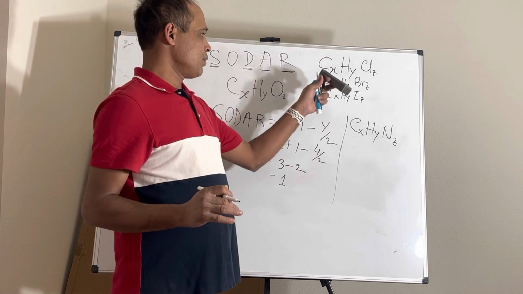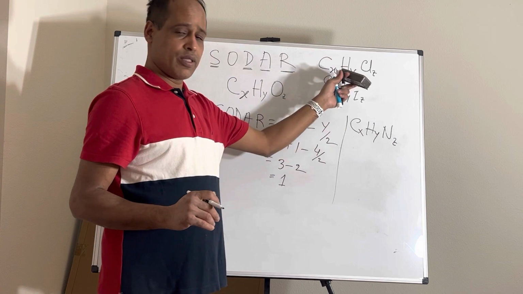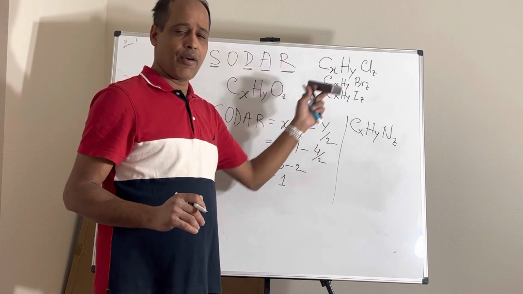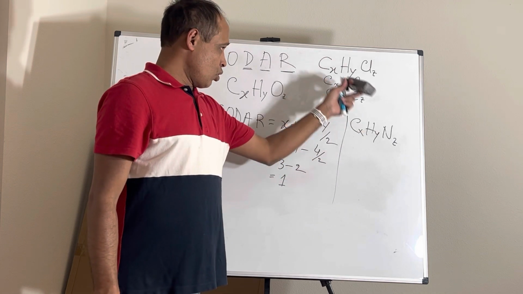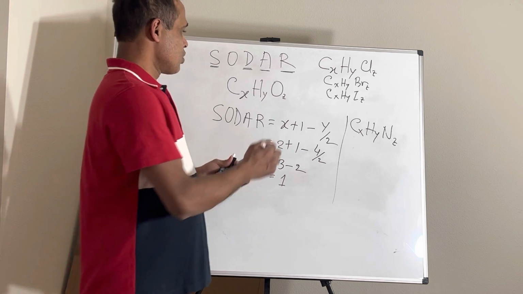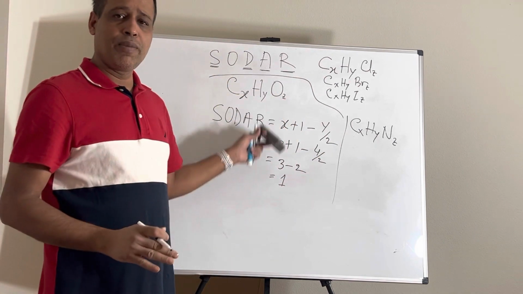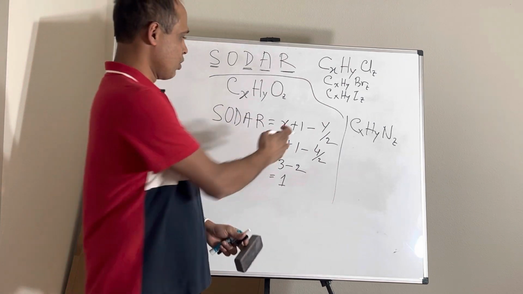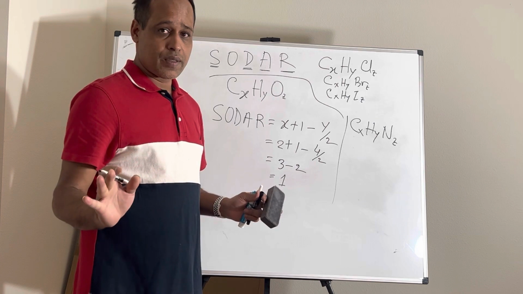Another type is halogen, CXHY halogen, like chlorine, bromine, iodine. And another is nitrogen. So all those three cases. Remember that for the oxygen part, it will be the same as the hydrocarbon one. So the equation will not be changed when you have oxygen in your structure.